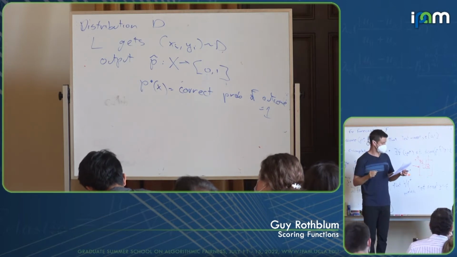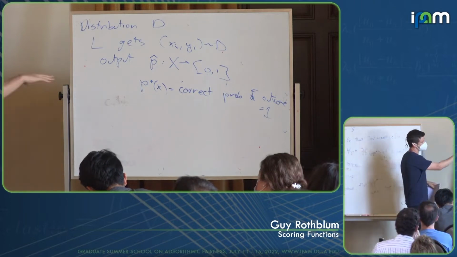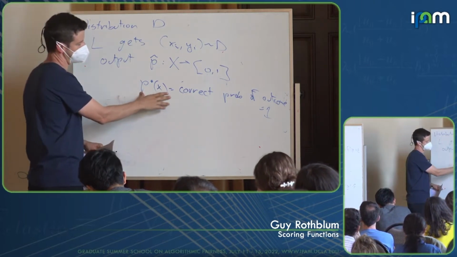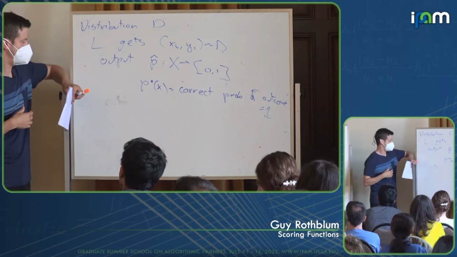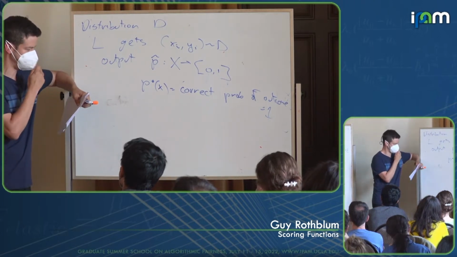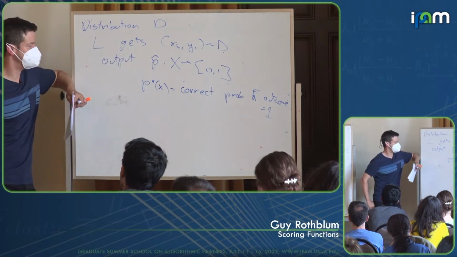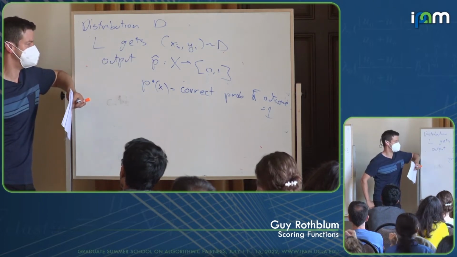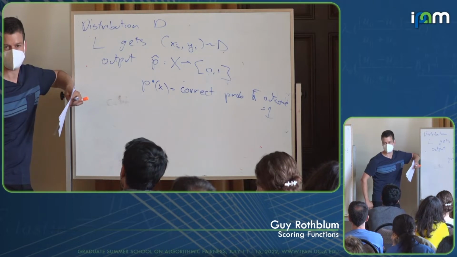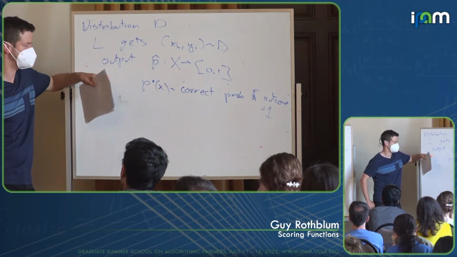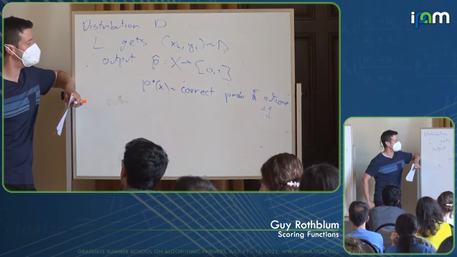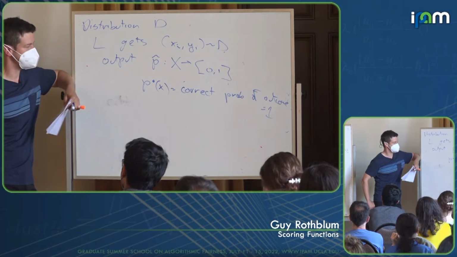Good. So we want to output the P tilde, really the unobtainable ideal that we can define but never really see, P star. And the question is, what does it mean for P tilde to be meaningful? We talked about loss minimization in the context of classification, and we can also talk about it in the context of prediction or risk scoring.